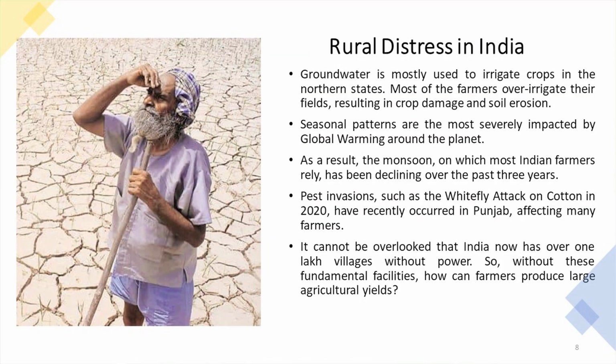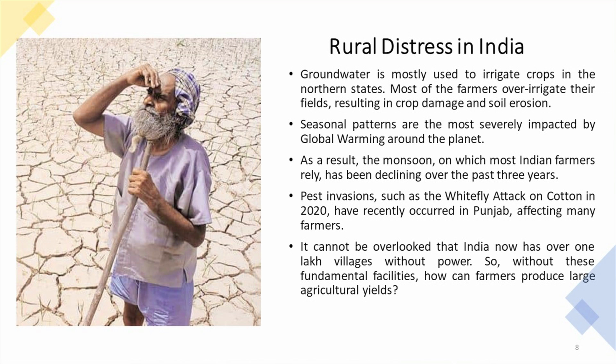So the rural distress in the country can be seen from some major parameters, even some major highlights, where they say that groundwater has been excessively used, and it is in the northern states of the country of India.